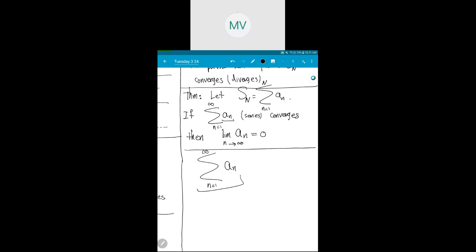If this series converges, it converges to some finite value. It has a limit.